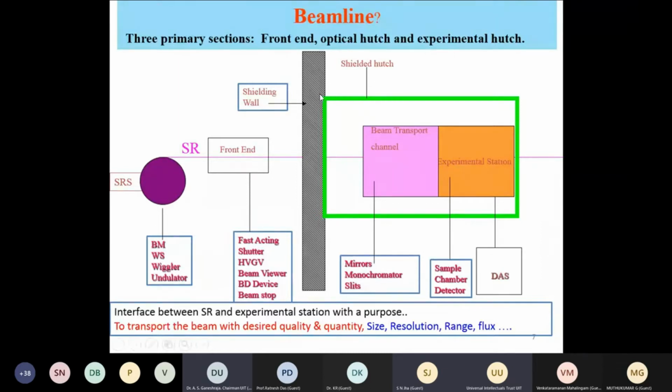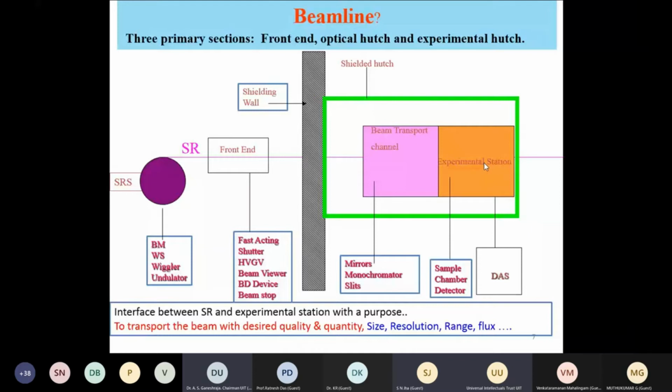And beyond the shielding wall is the area where users are allowed to work, which consists of a beam transport channel, which has a combination of mirrors, monochromators, slits, etc. And then the experimental station, which is normally used in laboratory sources also, like a goniometer or detector, data acquisition system, all those things.